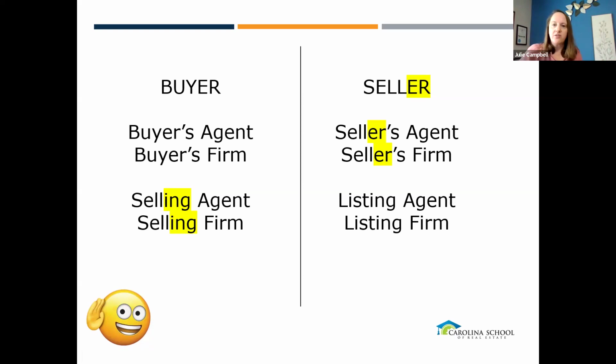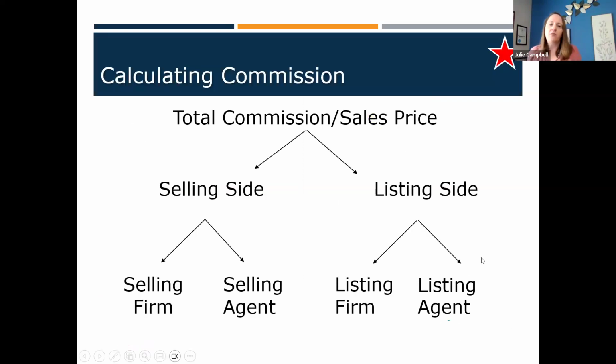So if we take what's on page 245 and put it into more generic terminology, you start at the top with the total commission or the sales price. Another thing to understand about commission math, every time you go down a tier, they're all worded differently.